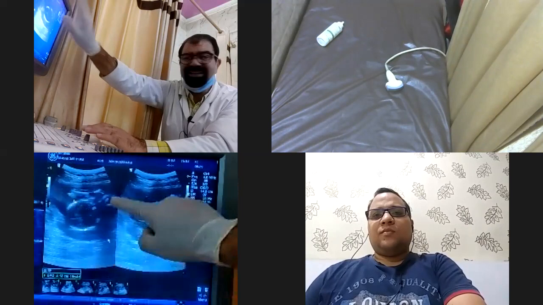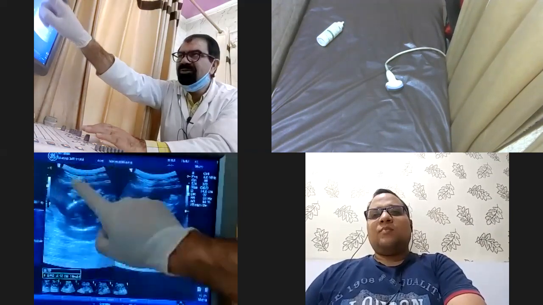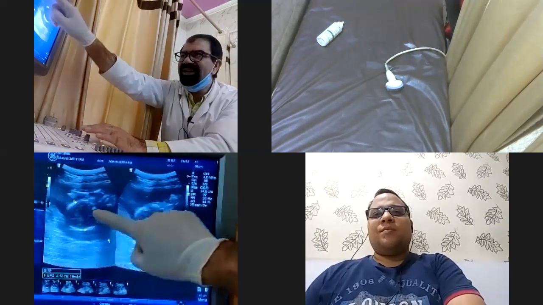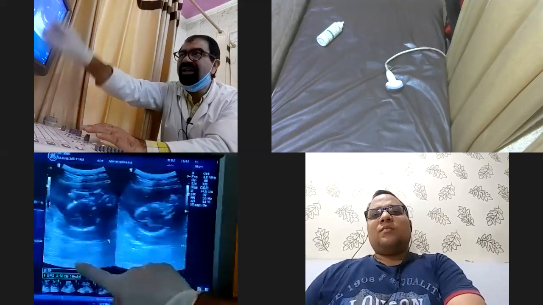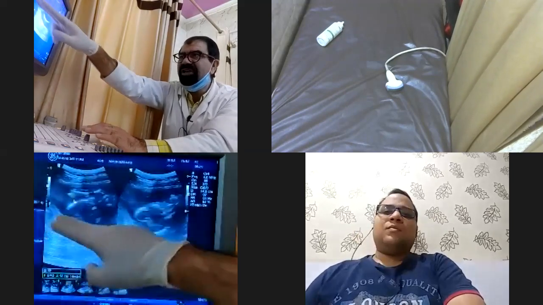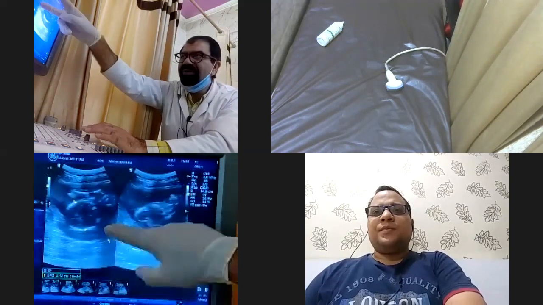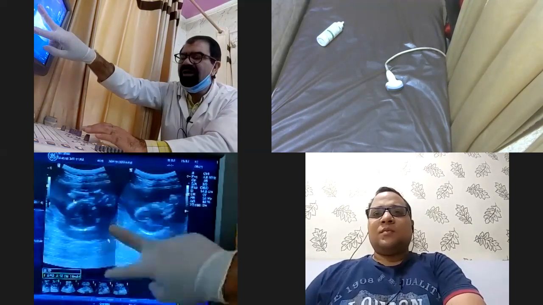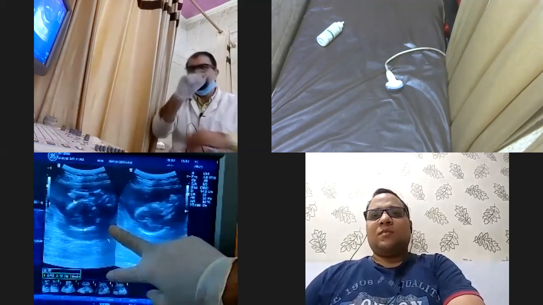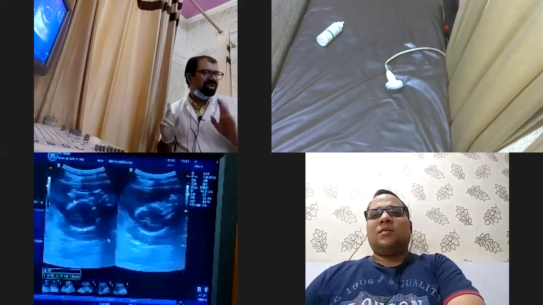Whatever is there, that is not of a concern. So whatever is here is anterior, whatever here is posterior. Now, if I will divide this screen in half, upper and lower, the upper will be anterior, the lower will be posterior.